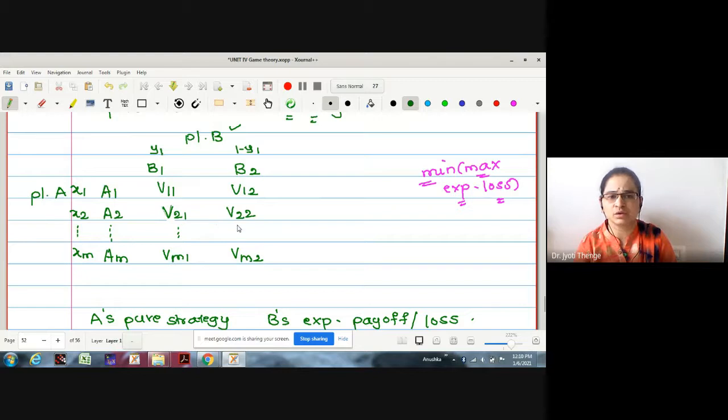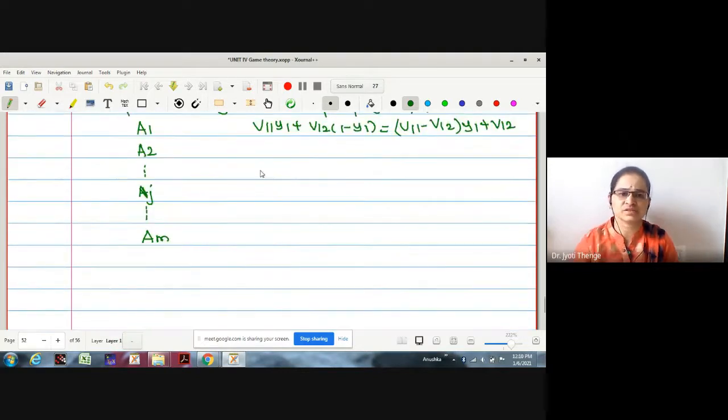V21 Y1 plus V22 into 1 minus Y1. If you write it in the simplified form or not, it is okay. V21 minus V22 Y1 plus V22.